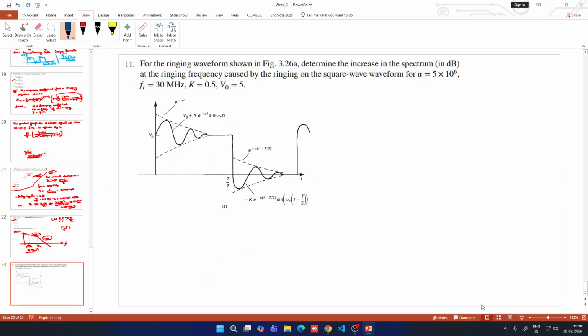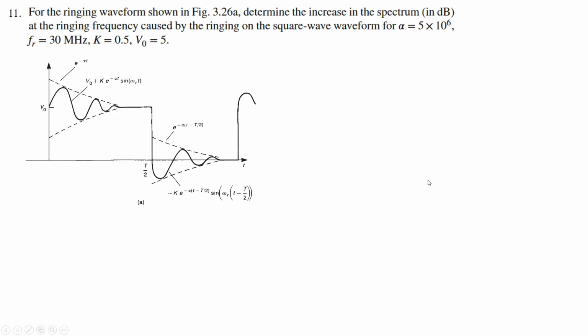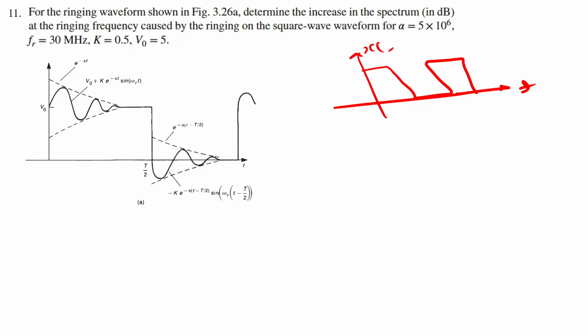Now we will solve question number 11. Question number 11 is for the ringing waveform shown in figure 3.26a. So that's what I have drawn, right? This is what ringing is. Instead of having a regular pulse train, the ringing signal looks something like this.